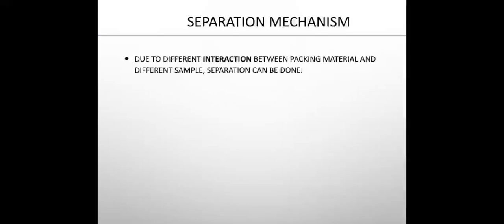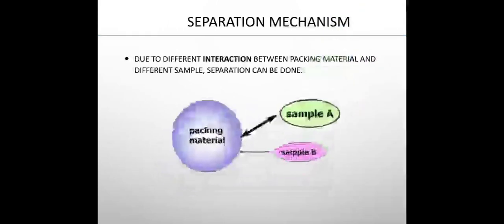Now, the separation mechanism. Due to the different interaction between the packing material and the different samples, the separation can be done. That means the interaction between the stationary phase and analyte is different, and due to this different interaction we are getting the separation.